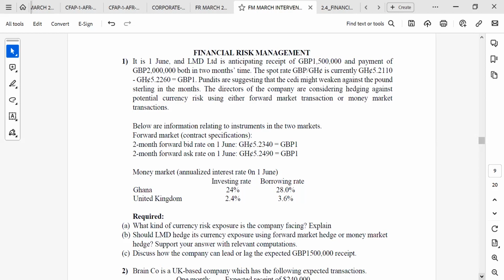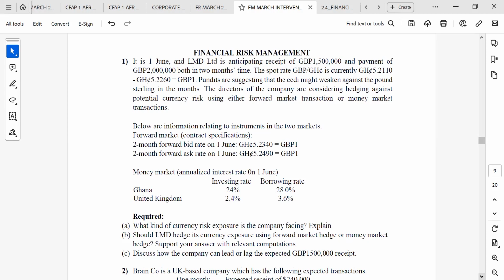The spot rate of pound to cedi is currently 5.2260 Ghana cedis to £1. Pundits are suggesting that the cedi might weaken against the pound sterling in the month.